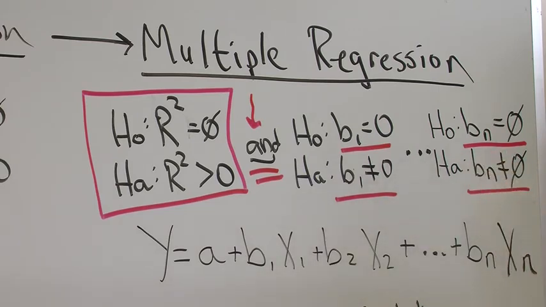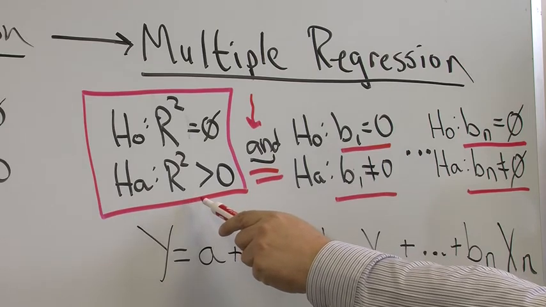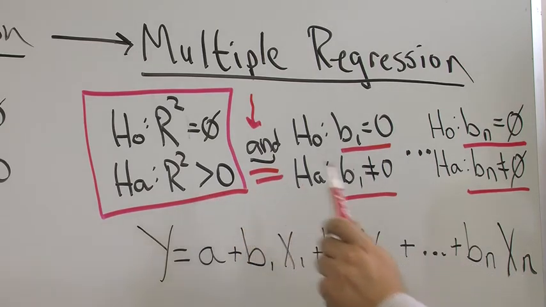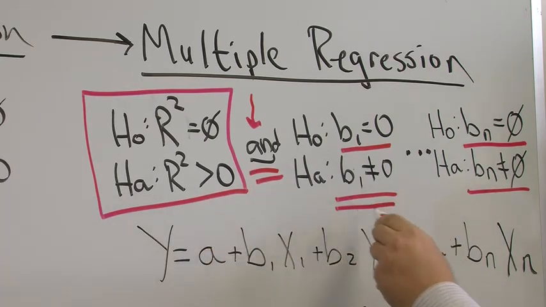We would also have a null and alternative that says b sub 2 equals 0, b sub 2 does not equal 0. Just because we conclude that the regression model helps predict the dependent variable doesn't mean that every independent variable in our model is going to help in that prediction. So again, we first test the whole model, then we have to test whether each of the individual predictors significantly helps.